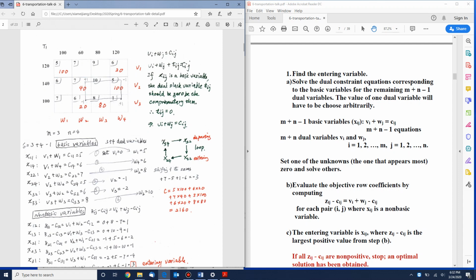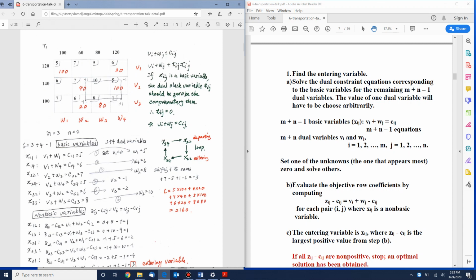For each of them, the first subscript represents Vi, and the second subscript of the x means Wj, right? So for x11, we have V1 plus W1 equals C11. We know C11 equals 5, so that leads to the equation V1 plus W1 equals 5. For x14, we have V1 plus W4 equals 6, for x22, V2 plus W2 equals 7, and for x24, V2 plus W4 equals 5. Then we have the rest.